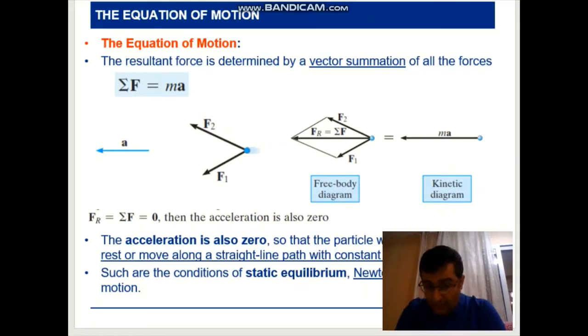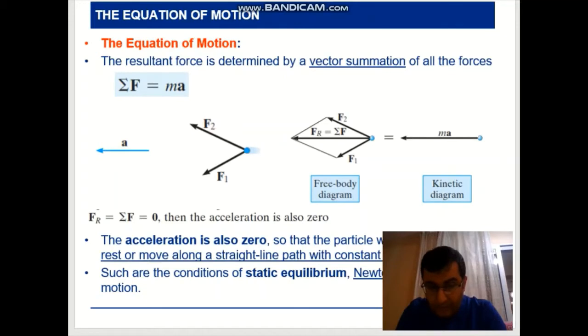The acceleration is also zero, so for this one, what it means is the total F is equal to 0, then the acceleration is also 0, in the y direction.